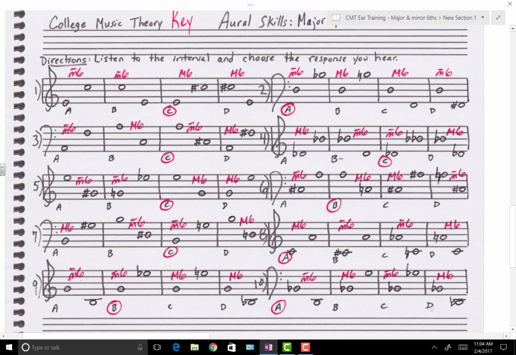Do la. Listen to 9B and 9C so you can hear the difference between the minor 6th and the major 6th. The first one, minor 6th, will sound do le. The second one, 9C, will sound like a major 6th, do la.